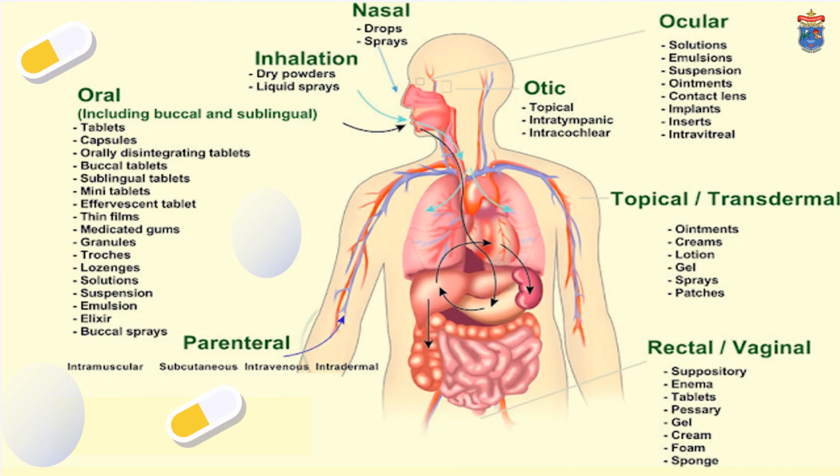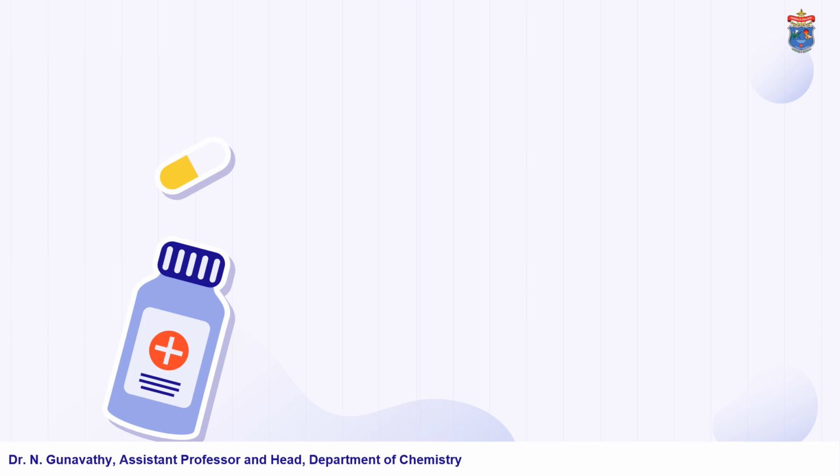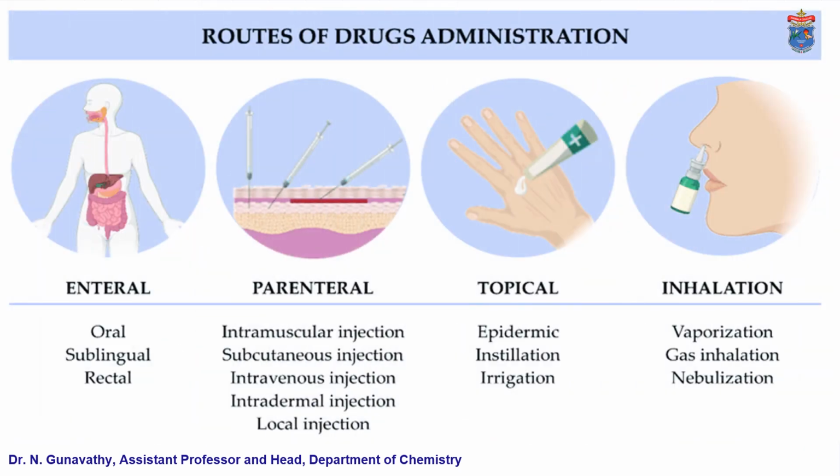And based on the type of the drug that is administered, for example, tablets, capsules, whether it is a dry powder or a solution or suspension, they are also classified into a number of routes. In the present video, let us understand the routes of drug administration through enteral, parenteral, topical, and inhalation.